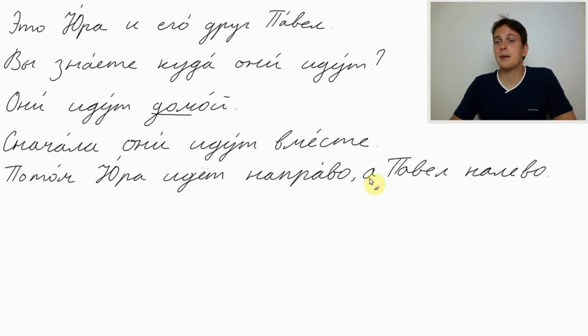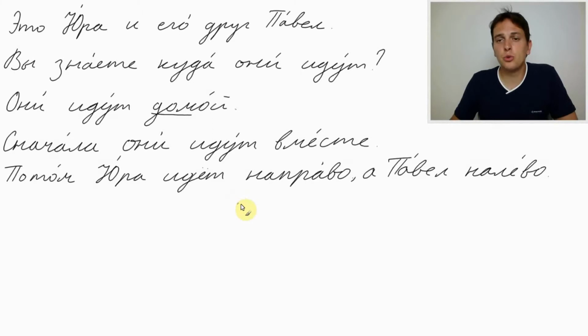If you would say «А Павел идет налево», it would be also absolutely fine, and understandable. With Pavel, the emphasis on «а», and налево with the emphasis on «е». Again, later, потом, Юра идет направо, а Павел налево.